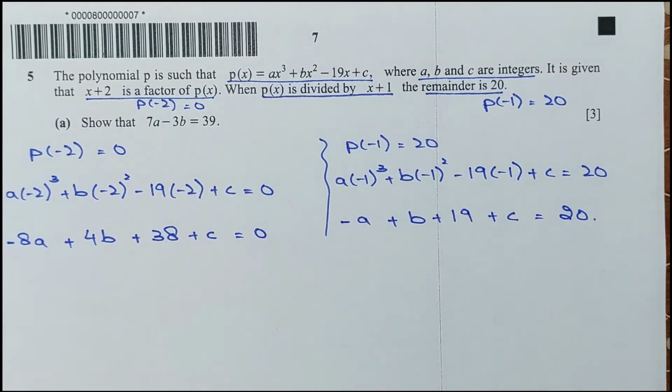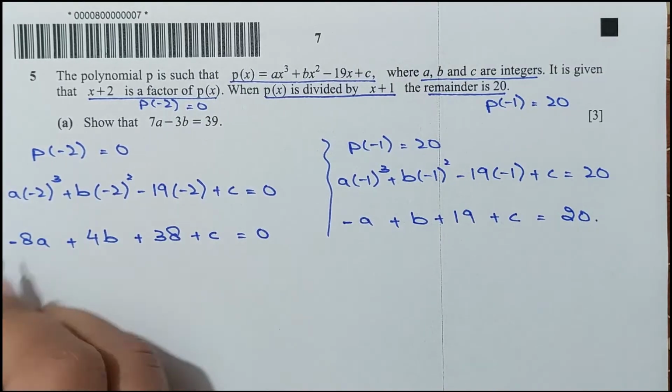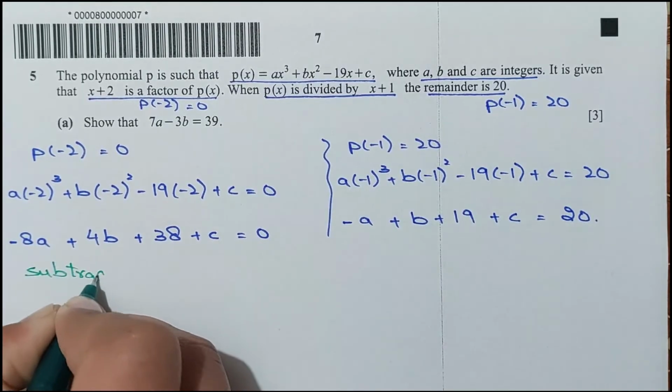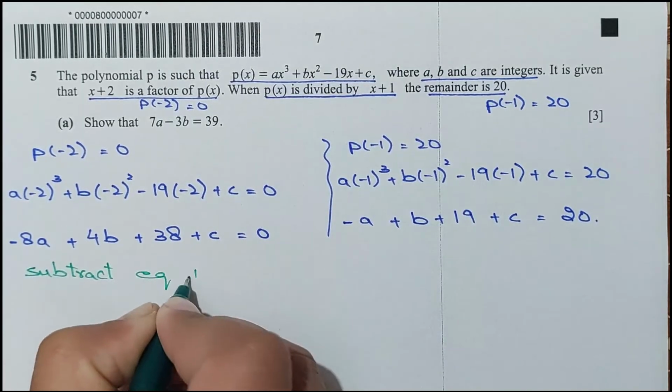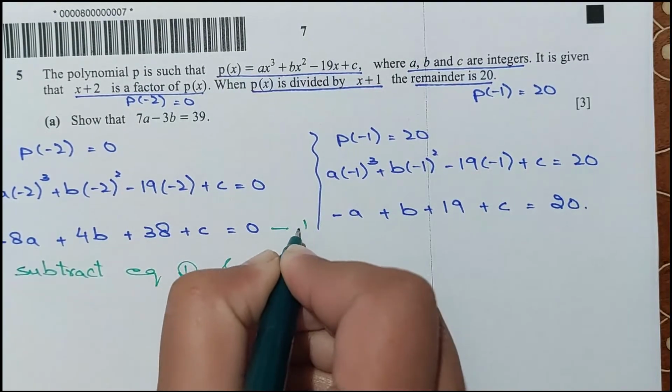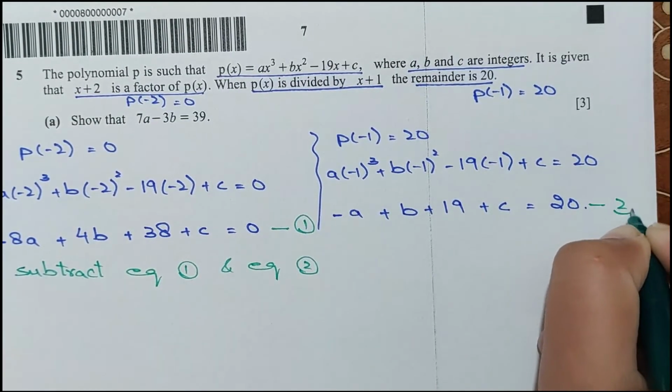Okay, now we have to simplify and we have to find the equation in terms of a and b. Okay, so we can subtract equation 1 and equation 2. This is my 1 and this is my 2.